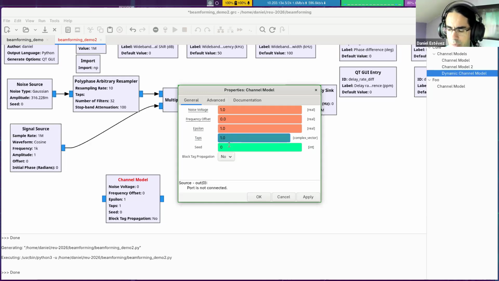These are the main parameters, but then there is also the seed. And the seed is to generate the noise because noise is random. So generating noise on the computer amounts to generating random numbers. And then if you think about it, the computer cannot really generate random numbers because generating a random number is like throwing a dice.